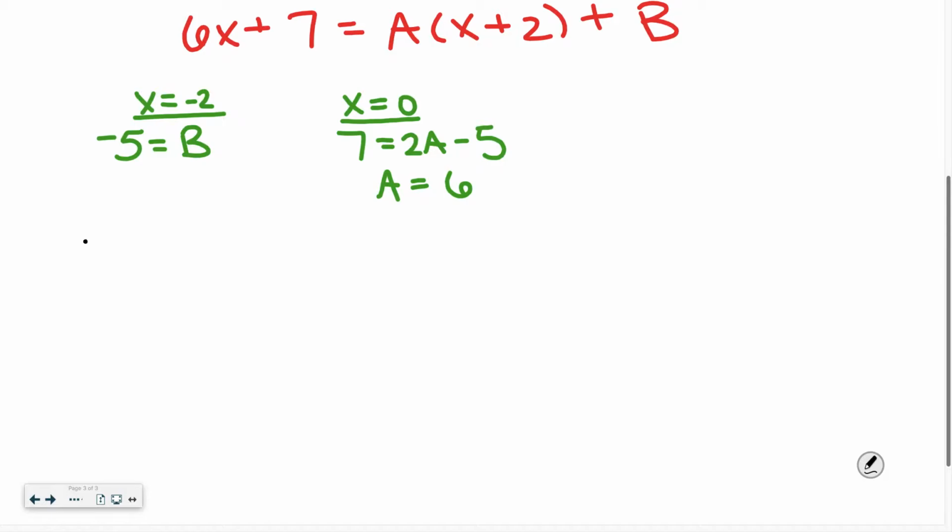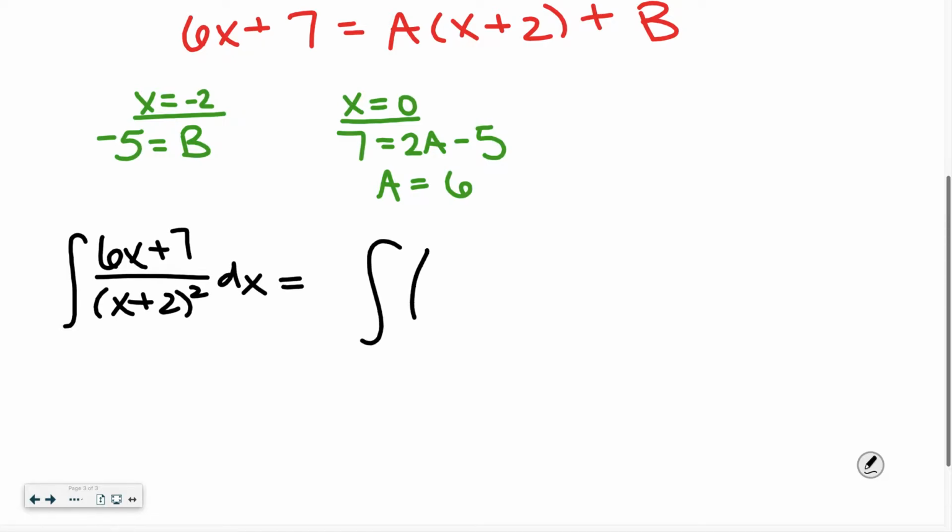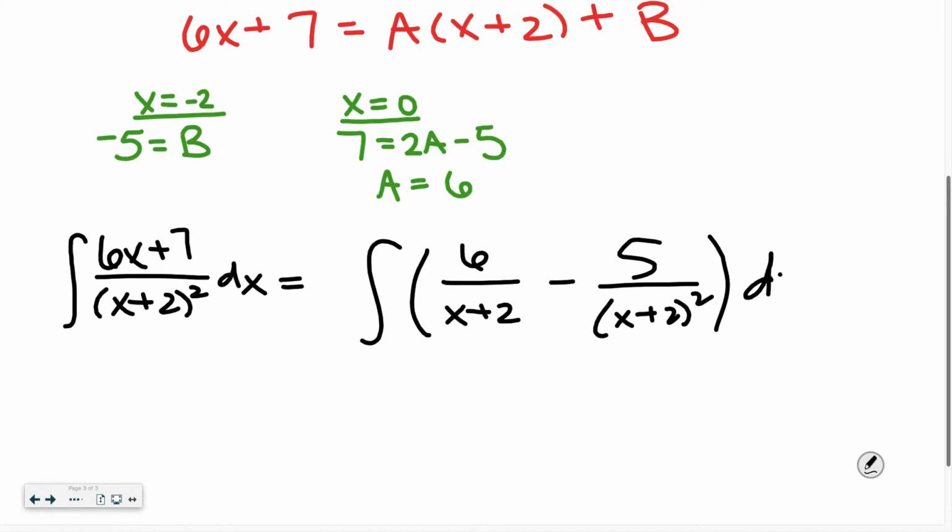Okay. So we started out with the integral of (6x plus 7) over (x plus 2) squared dx. And that is going to become the integral of A over (x plus 2) plus B over (x plus 2) squared dx.